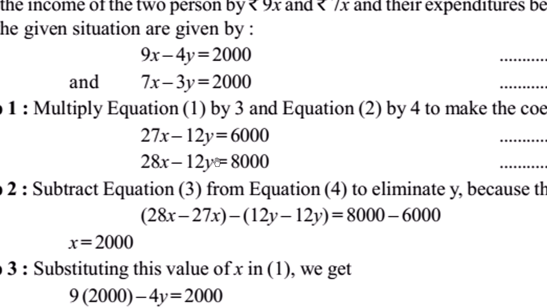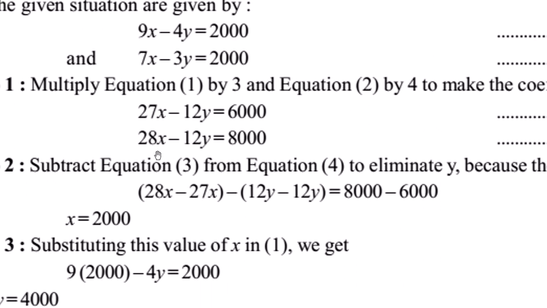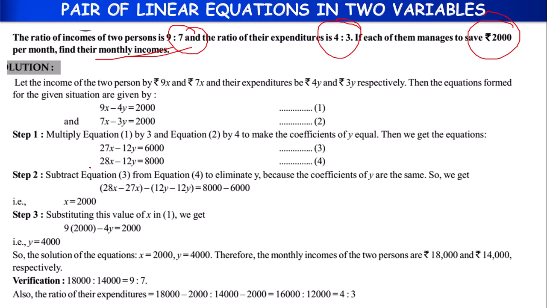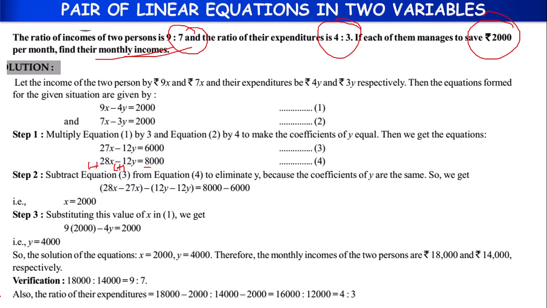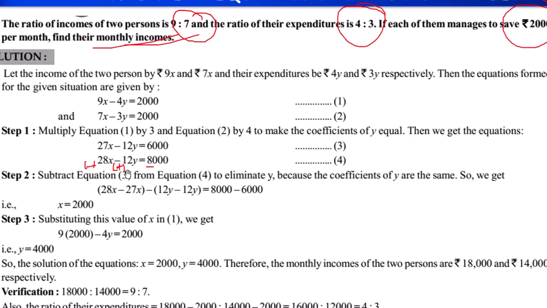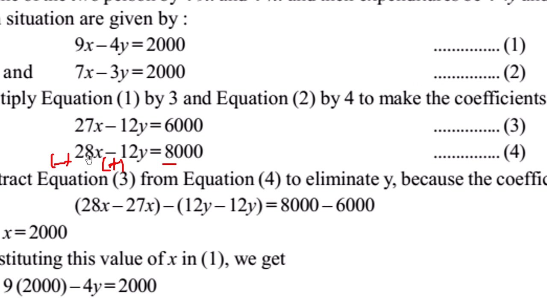Now, if we solve these two by subtracting them, the symbols will change: minus, plus, minus. Minus 28x plus 27x, we get minus x. Or we can directly subtract from the one where the coefficient of x is more.